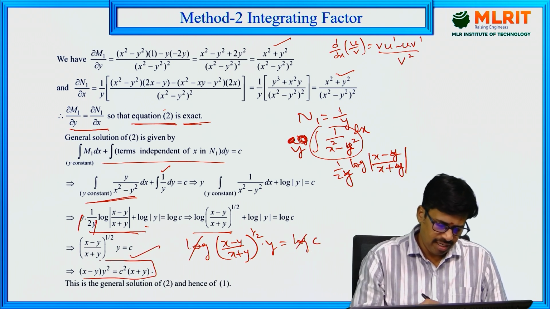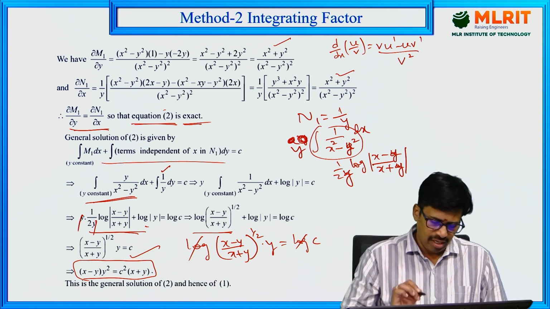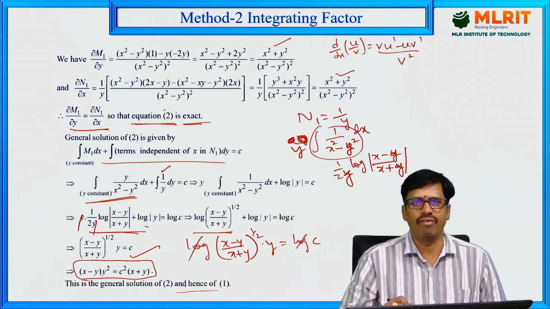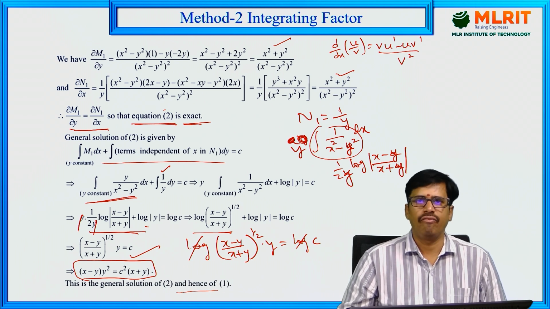This in turn can be written like this. This is the general solution for the given differential equation. So this is how we find the general solution by using the integrating factor. Next lecture we are going to see method 3, method 4 and 5 for the integrating factor for non-exact differential equations.